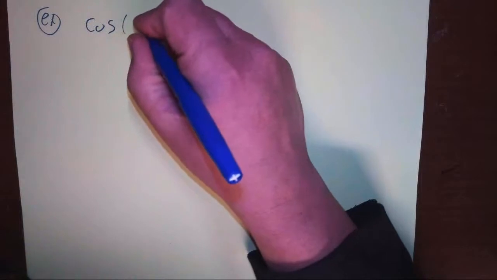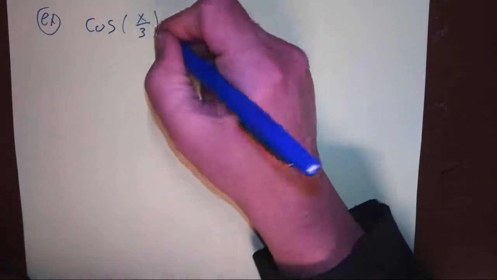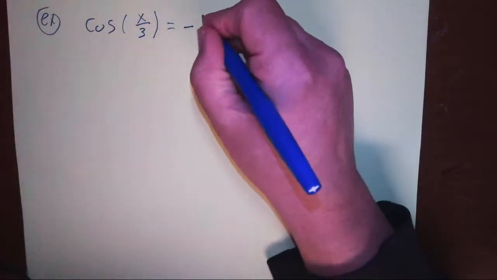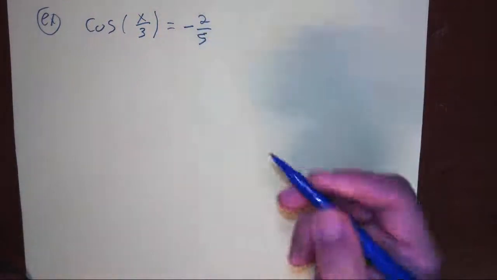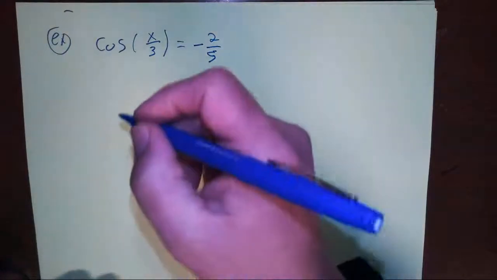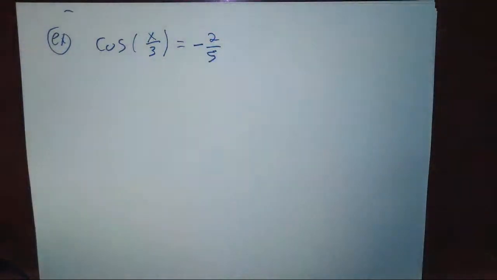So let me do something like cosine of x over 3 is equal to negative 2/5. And negative 2/5 is not a special point on the unit circle. So I'm going to have to use the inverse cosine.